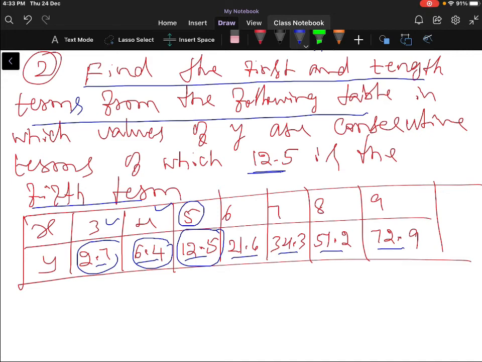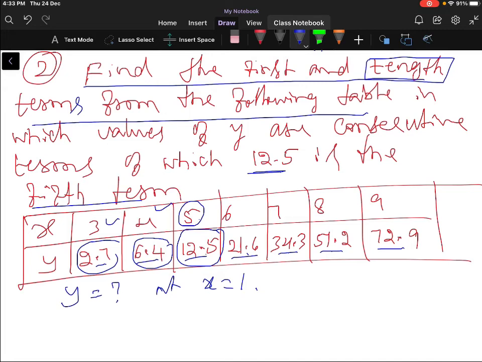Similarly, the second term y2 is at x equal to 2, and the first term y1 is at x equal to 1. Here we need to find the first term, y at x is equal to 1. Similarly, we have to find the 10th term.